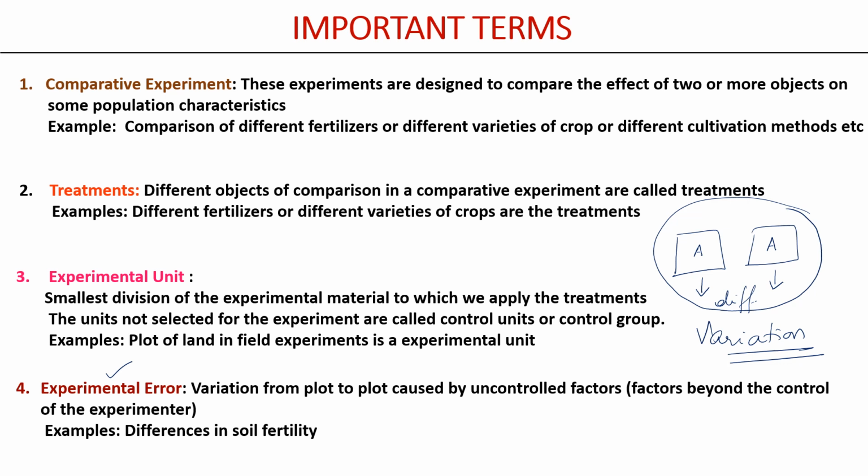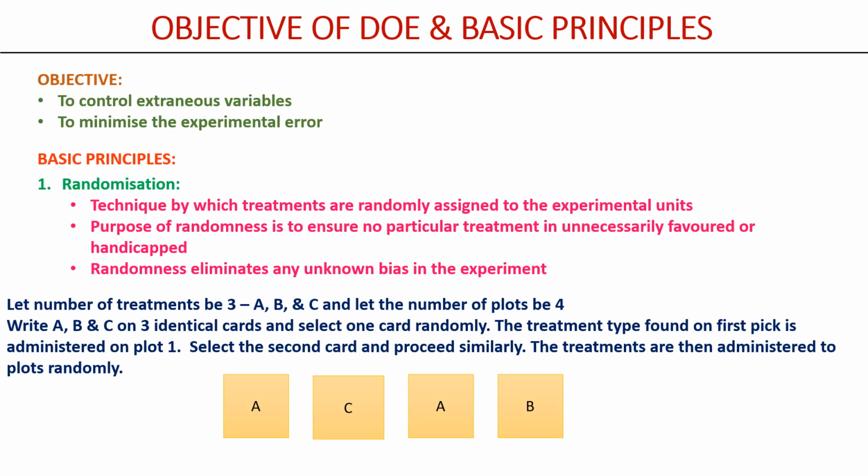Now that we have understood these definitions, we are in a position to state the objective of why we are learning this designing or planning of an experiment even before we perform it. Let's see what it is. So, having seen a little of theory in our previous slides, now let us define the objective of DOE. The objective that we set is two main things: to control extraneous variables.